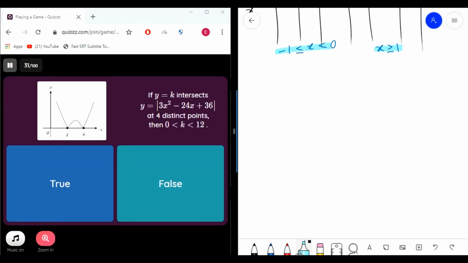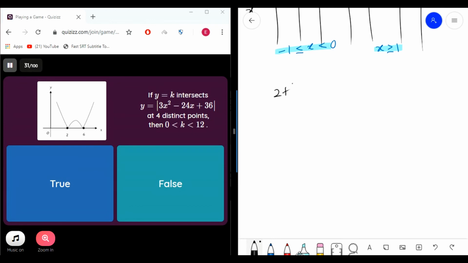Now, if y equals k intersects y equals the absolute value of 3x squared minus 24x plus 36 at 4 distinct points, then k is in between 0 and 12. Okay, we want to know the coordinate of the vertex. In the previous question, we know that the x coordinate of the vertex is equal to the midpoint of the 2 roots, right?